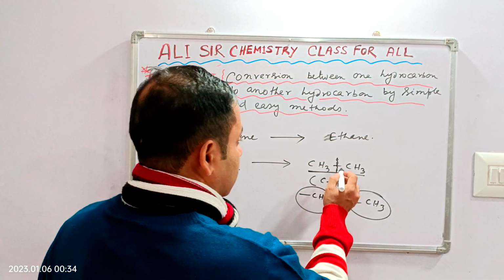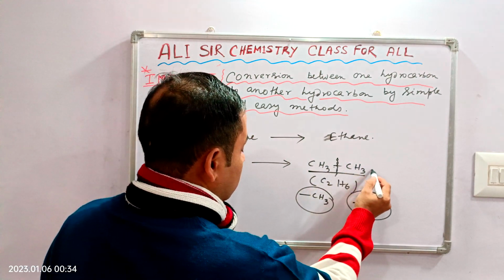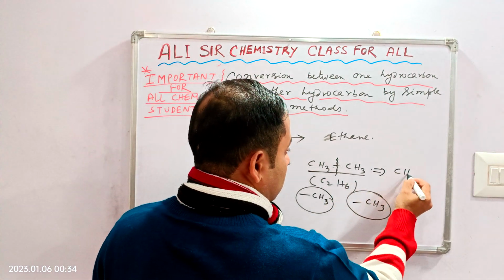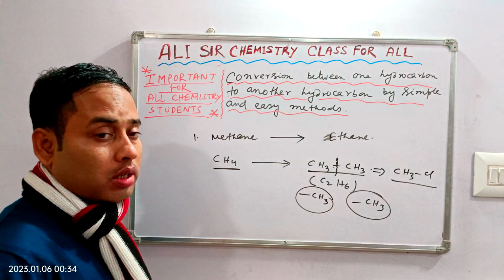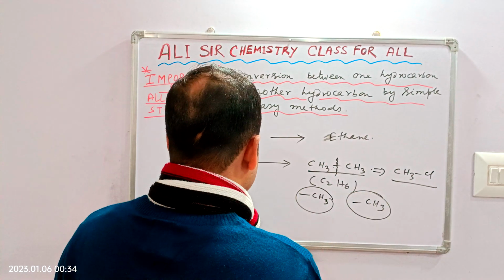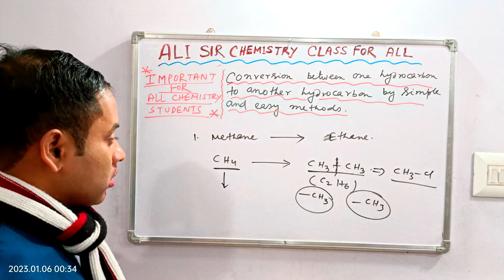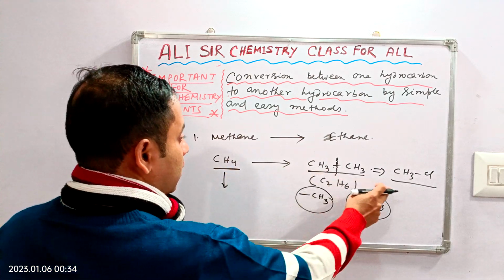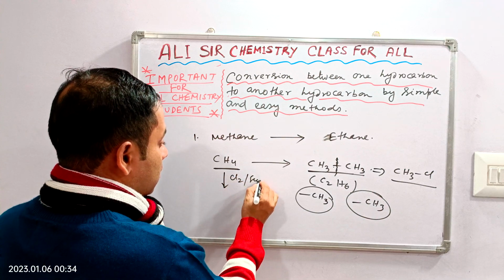To prepare ethane, we have to use CH3Cl as the source of alkyl halide. Now you can easily convert methane to ethane. First you have to prepare methyl chloride from methane.